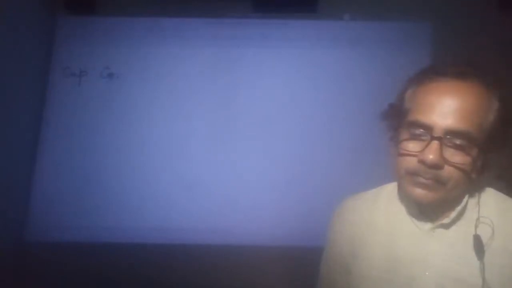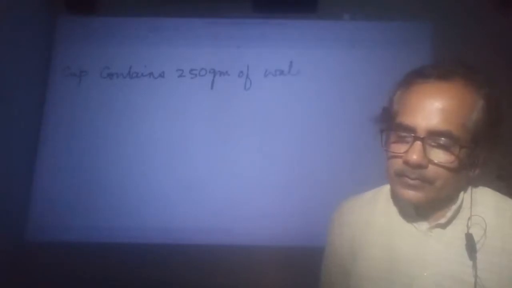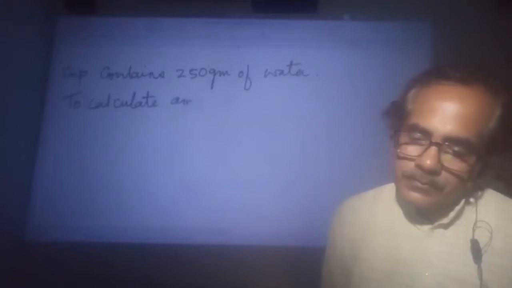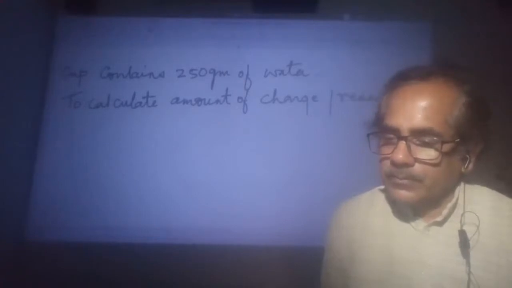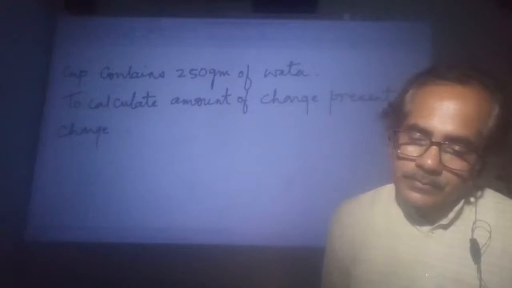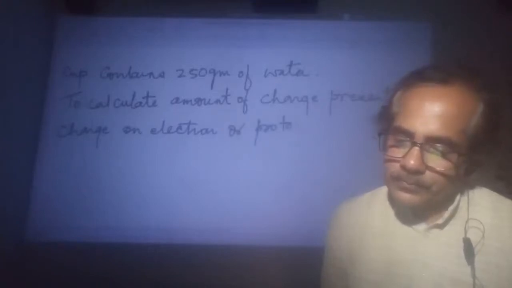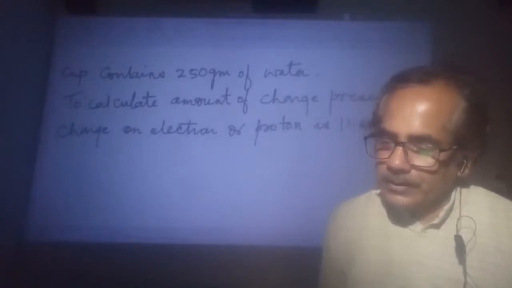So the cup contains 250 grams of water. To calculate the amount of charge present in it, you know, the charge on an electron or proton is 1.6 into 10 to the power minus 19 coulomb.